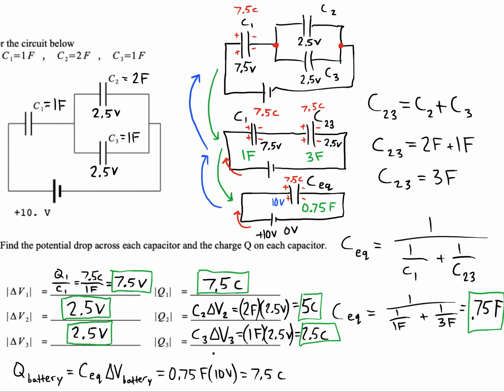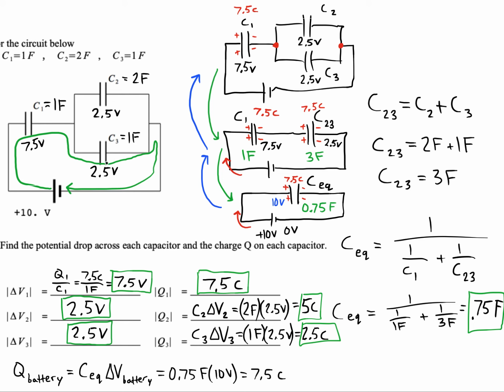All right, we want to check and make sure that everything adds up. So in any one path that you take through, you have to drop 10 volts. So let's say that I take the lower path here. Will I have dropped 10 volts total in that path? Well, I dropped 7.5 volts in the first capacitor.